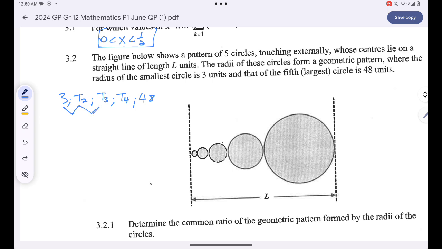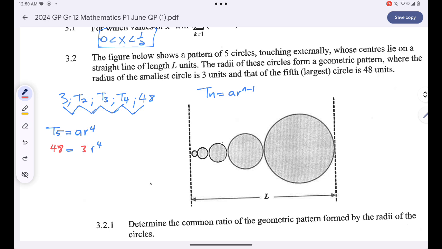So our common ratio is basically equal to, okay, I know that T5 will basically be equal to ar to the power 5 minus 1, right? And this will just give me ar to the power 4. Remember that, guys, the nth term for a geometric number pattern is always like this. So T5 is always ar to the power 4. I know that my fifth term is 48, and the value of a, the first term, is just equal to 3.